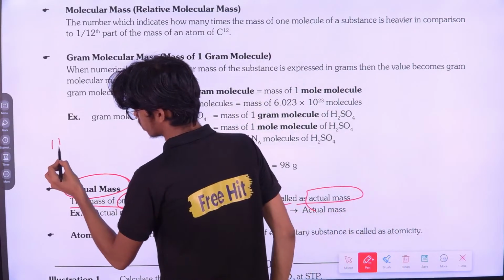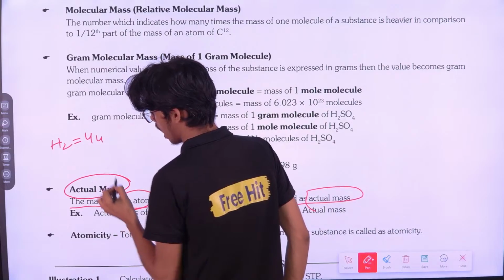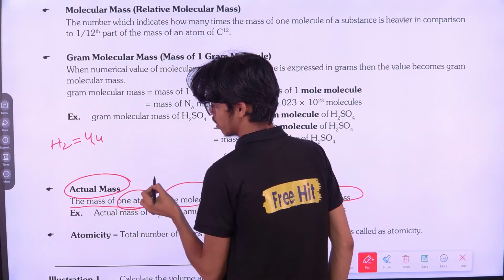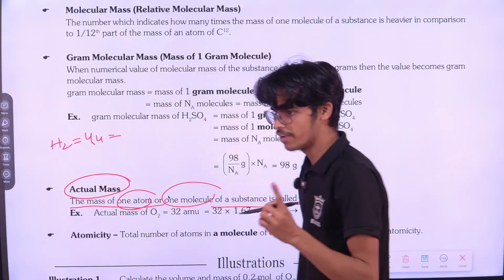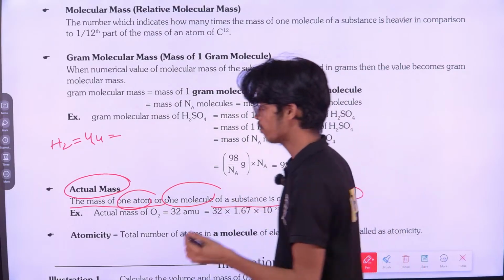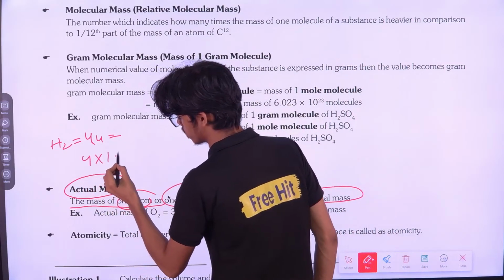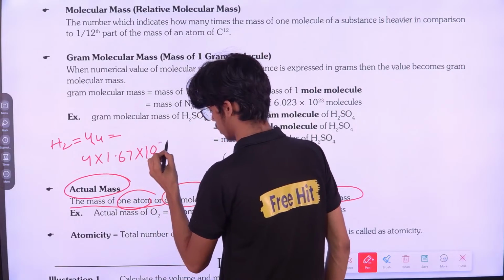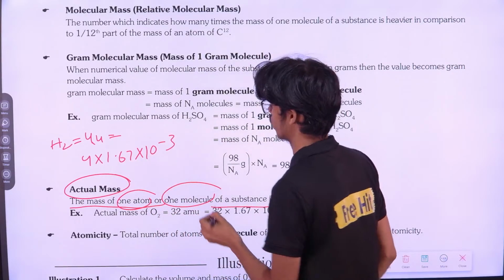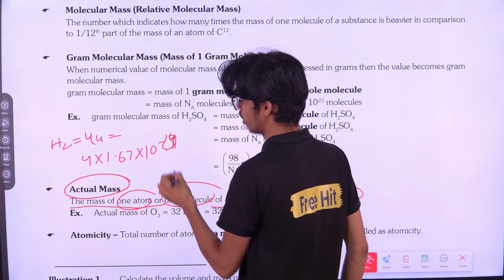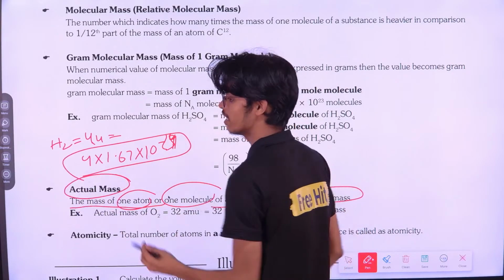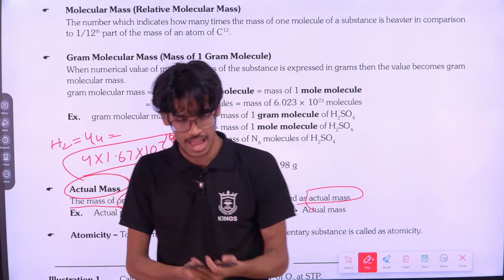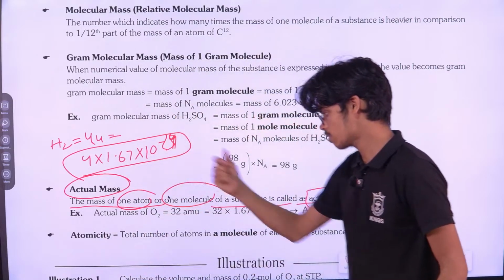Hydrogen has 4U, and U is the atomic mass unit. So how much is the weight of one atomic mass unit? 1.67, so 4 into 1.67 into 10 power minus 24. Got it? So this is the actual mass in grams. That is the actual mass. Understandable?